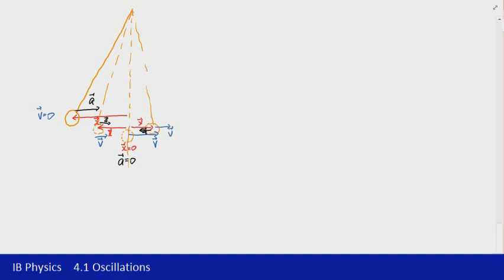Finally, on the right hand side, if we have the object now positioned all the way out to its maximum on the right hand side, we're back to that situation again where the velocity is equal to 0. The displacement will be out to the right, and the acceleration will be back towards the middle.